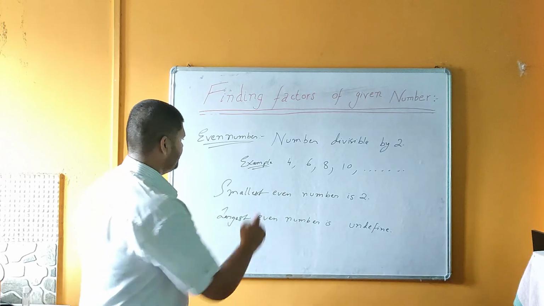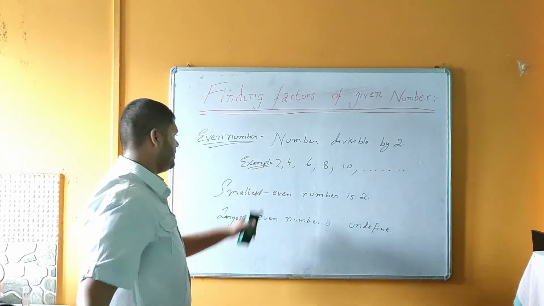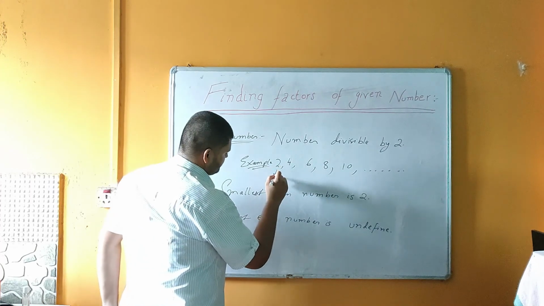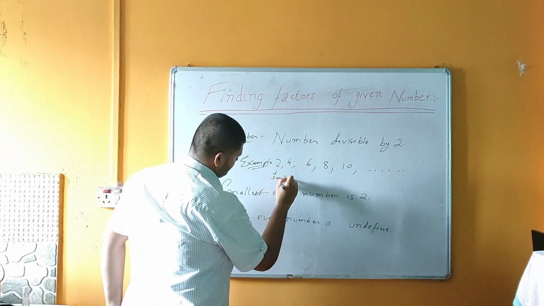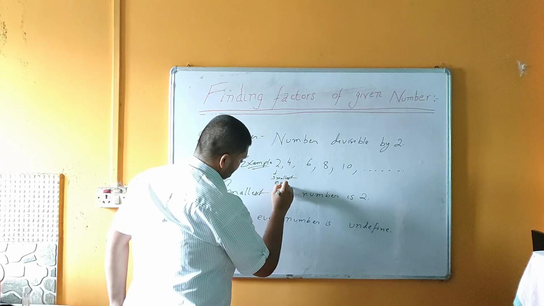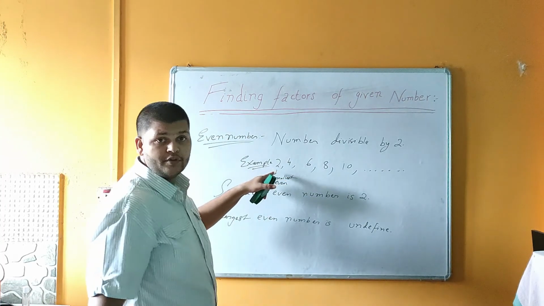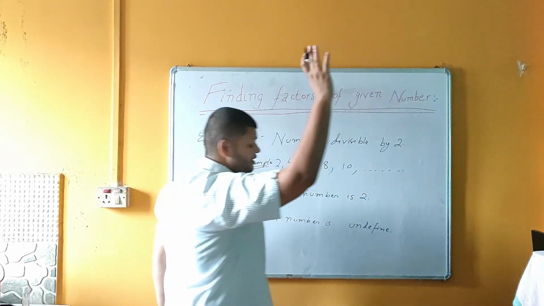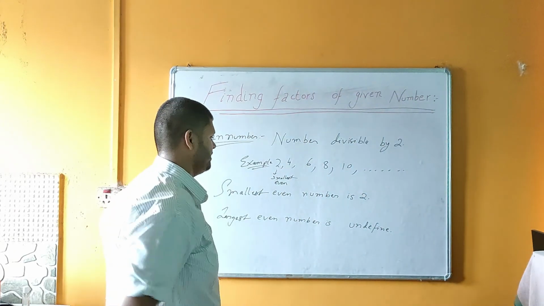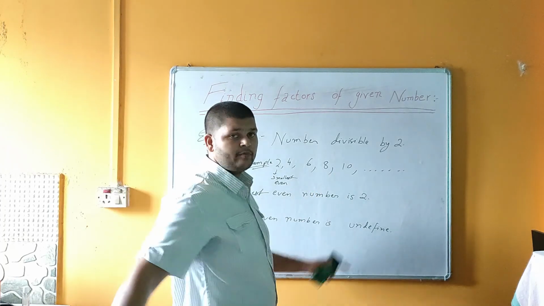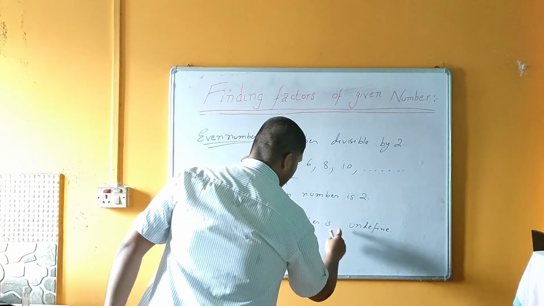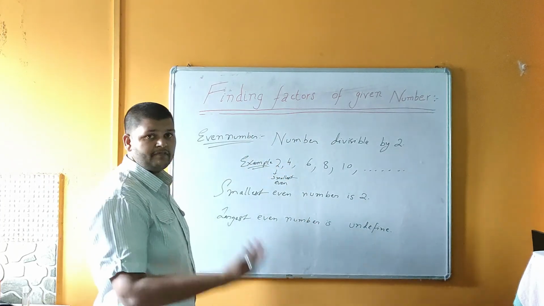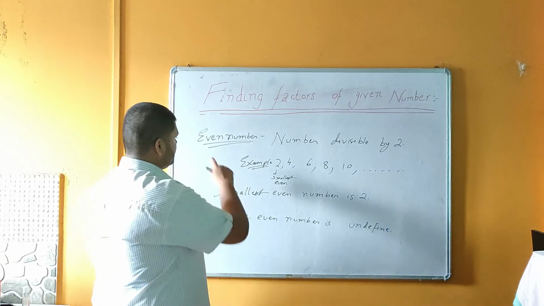Here 2 is the smallest even number and the largest will be at infinity, somewhere at infinity. But here we are unable to see infinity. That's why I am writing that the largest even number is undefined. We cannot define the largest number for even numbers.